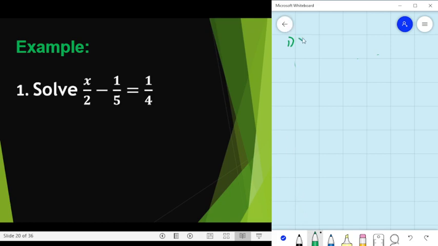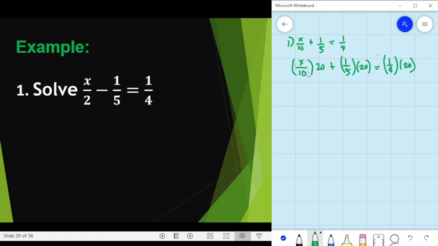So x over 10 plus 1 over 5 is equal to 1 over 4. Okay, so we multiply x over 10 times 20. Again, 20 still. Then 1 over 5 times 20 equals 1/4 times 20.